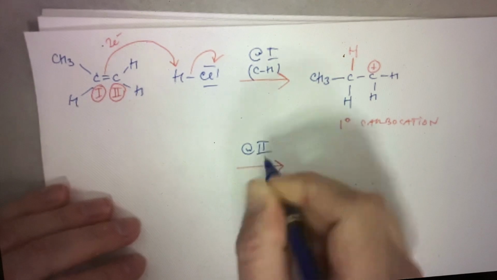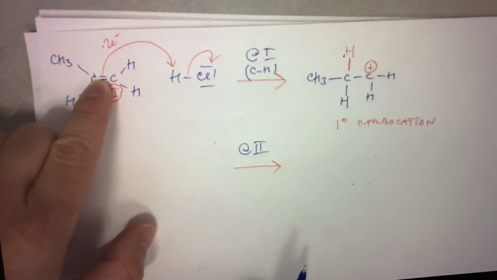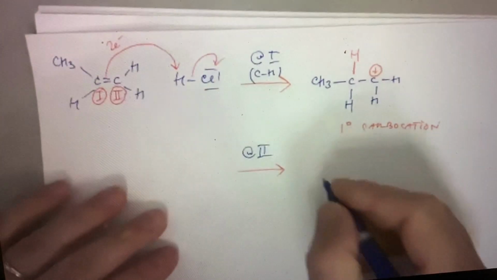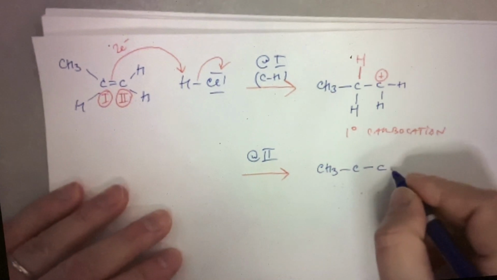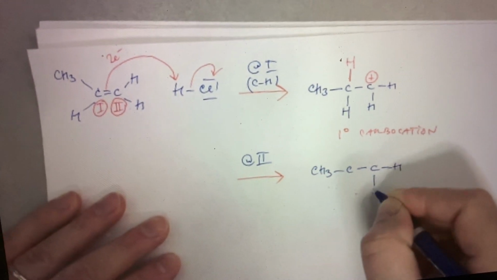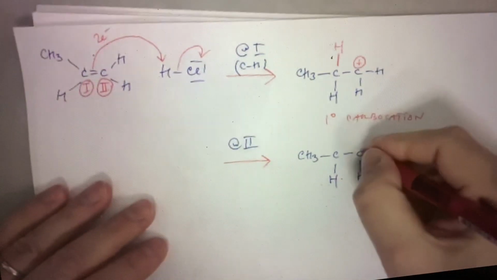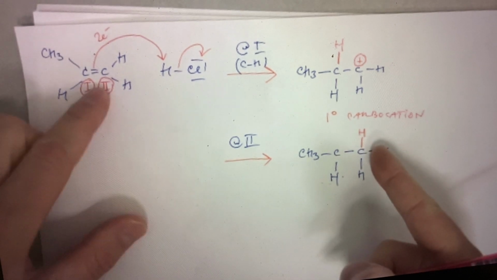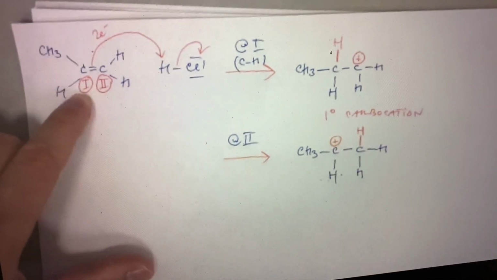Okay? One possibility. Possibility number 2. We could try the same exercise and think about, well, what happens if this pi bond breaks and we form the carbon-hydrogen bond at this position? So again, in blue, I'm going to draw everything that came from propene. These are all the atoms that came from propene. I'm going to draw our new carbon-hydrogen bond at the second position, and then the carbocation will be at this Roman numeral 1 position.